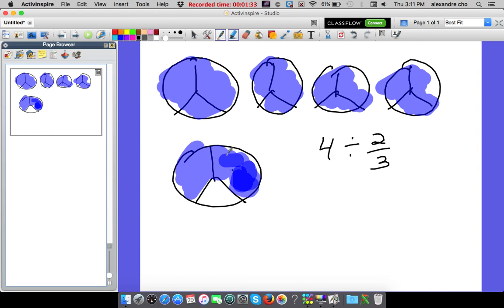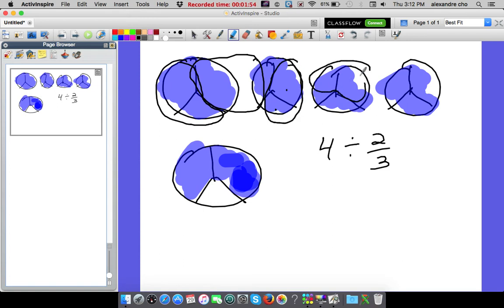How many times can these 2/3? So every person in that classroom gets this much, 2/3. So how many people can we give this to? Well, here's 1 person. If I take this third with this third, that's 2 people. These 2 right here, that would be 3 people. These 2, 4 people.